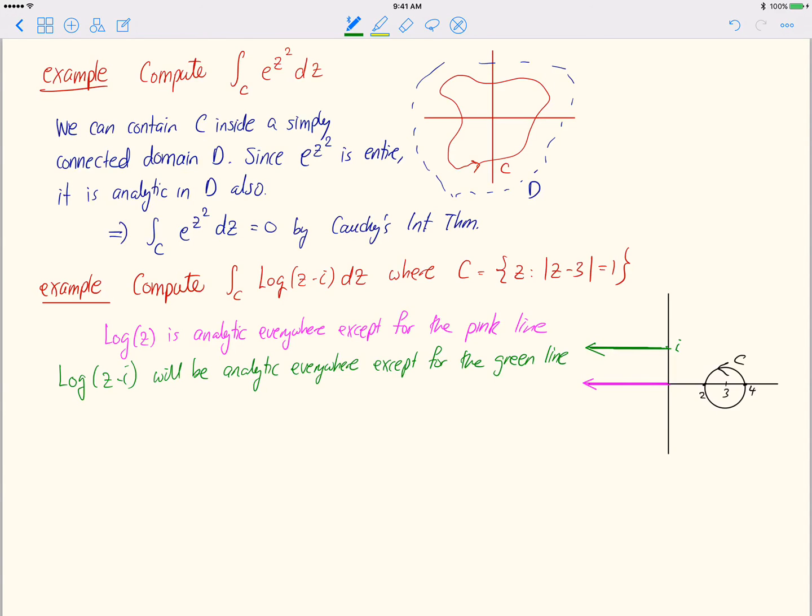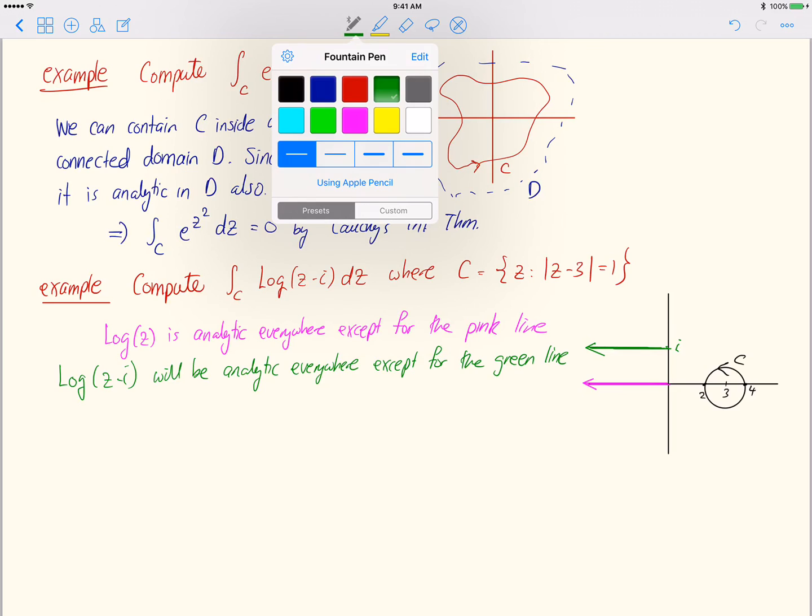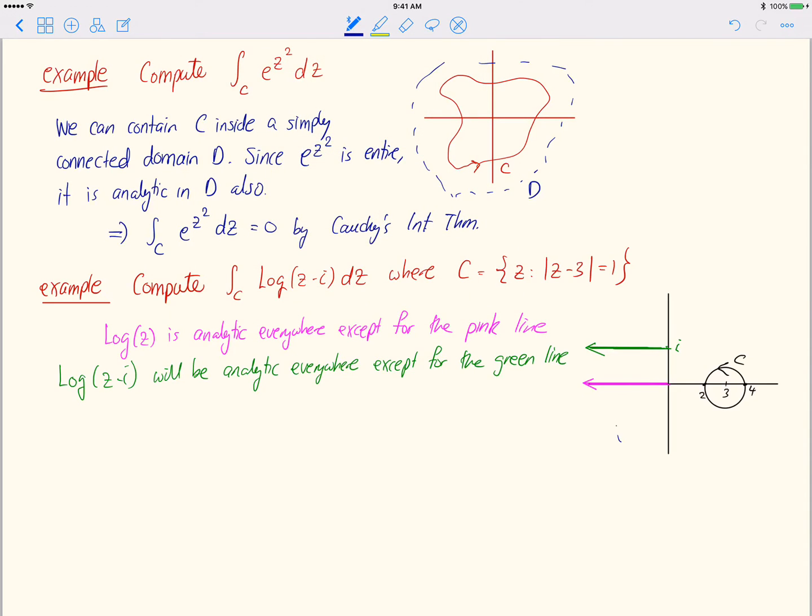So, what do I gotta do? I gotta draw a simply connected domain D that contains C but avoids that green line basically. And that's easy enough. I can just draw something like this. And I can call that D. Then notice that the domain D that I've drawn doesn't have any holes, so it's simply connected. And it avoids the green line, so my function is going to be analytic inside D. And so both conditions for Cauchy's integral theorem will hold.